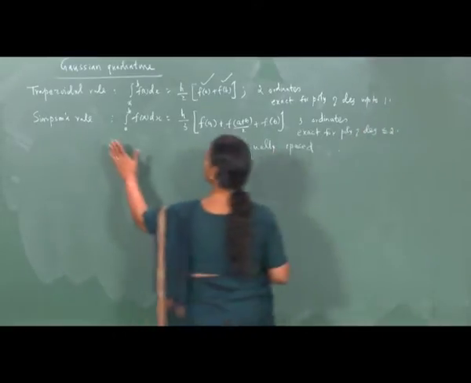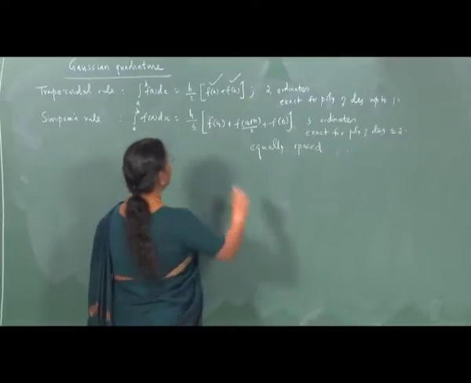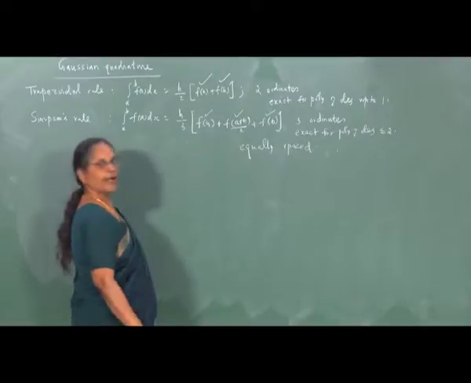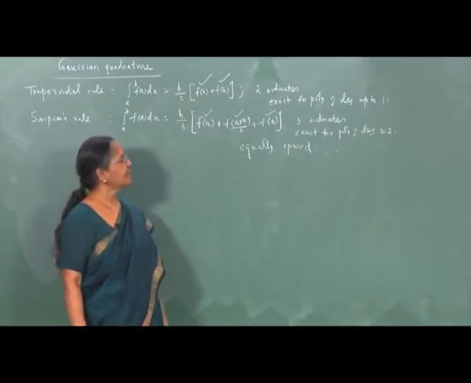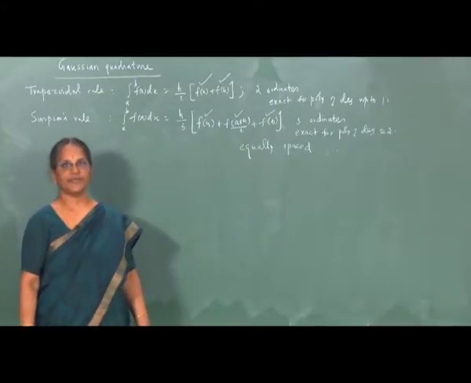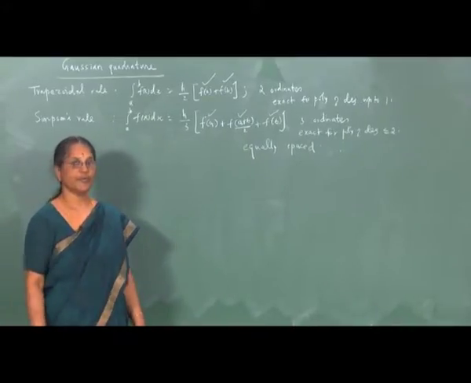In the case of Simpson's rule, it involves evaluation of the function at 3 points. So, 3 ordinates have to be obtained, and the method is exact for polynomials of degree less than or equal to 2.